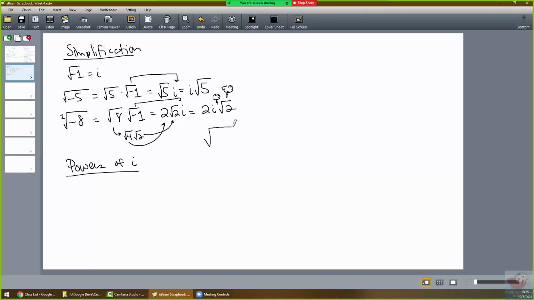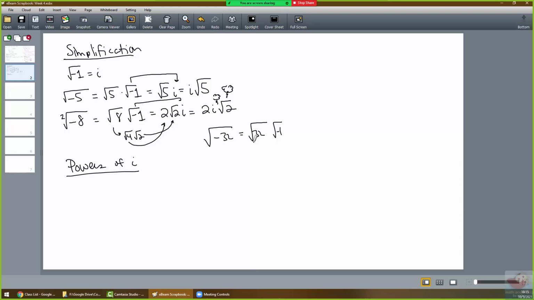So for instance, if this were square root of -32, you would say square root of 32, square root of -1. Well, 4 goes into 32, but that's not the largest perfect square. What's the largest perfect square that goes into 32?